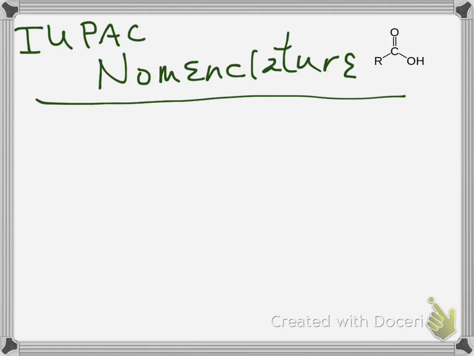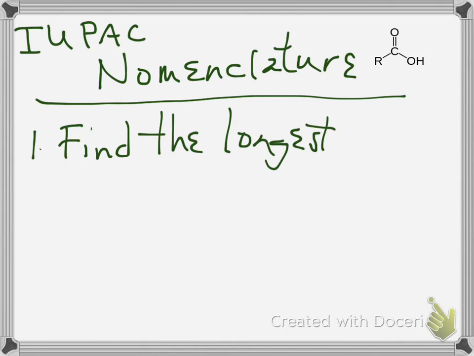Okay, so what you do is you want to find the longest chain containing the carboxylic acid group, just like what we've done in the past. That becomes the root. Make sure that you use the correct numbering system, like meth equals 1 carbon, eth is 2, prop is 3, but is 4, and so on and so forth.